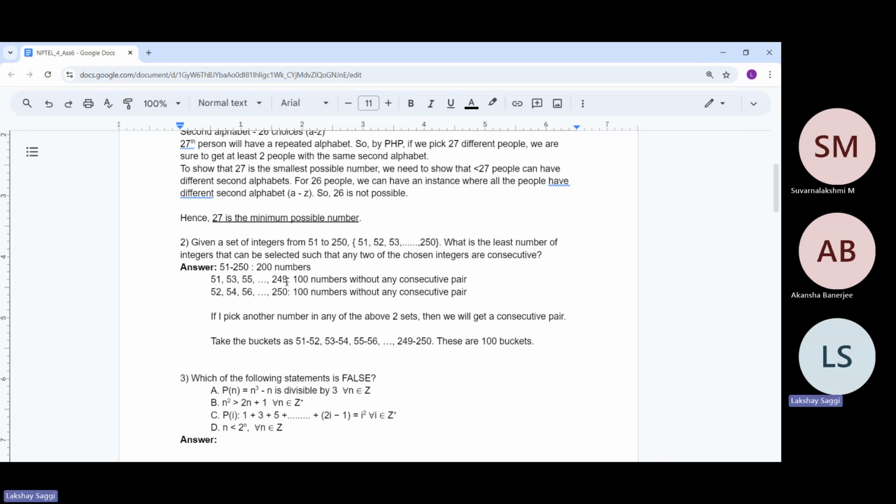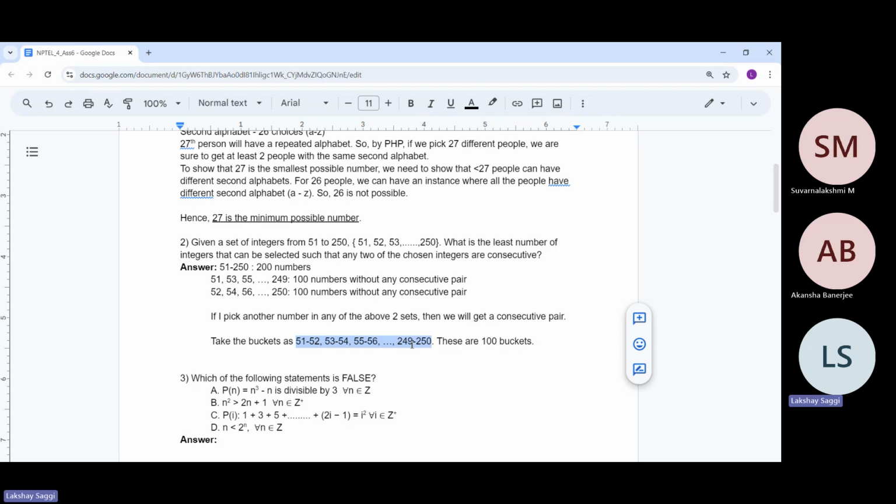And as soon as I pick, let's say 101 numbers, suppose I was given these 100 buckets. How did I form these 100 buckets? I got an intuitive idea from these sorts of sets, that these are 100, these are 100. So maybe I can use these to form 100 buckets. As soon as I pick 101 elements, at least one bucket will contain two elements. If I pick 100 numbers, 51, 53, 55 till 249, then every bucket contains exactly one number.